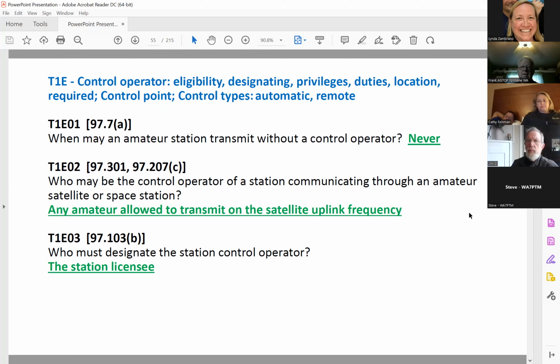Those are not going to be able to transmit on anything other than what you're allowed to operate on. Now, if you buy an ICOM IC7300 that can operate everywhere from 160 meters up to 50 meters, yeah, you better know the band plan. Because as an amateur, you can use it on 6 meters and you can use it on 10 meters, but you can't use it on anything else.